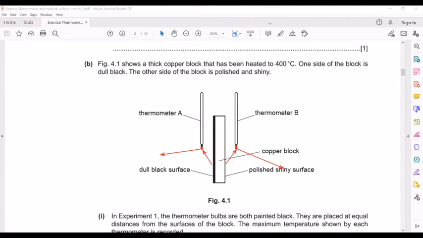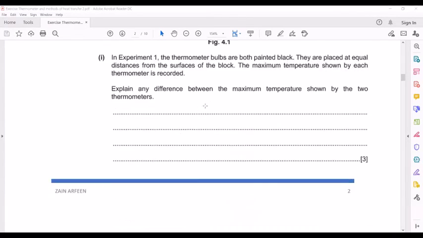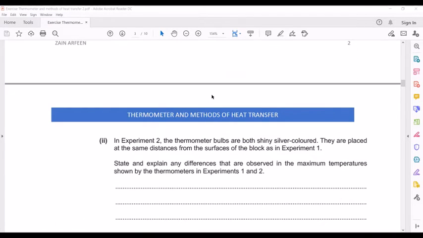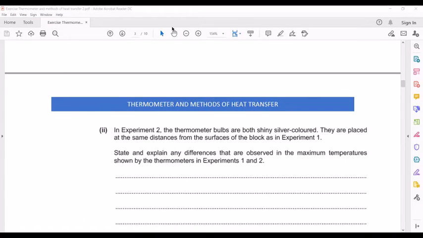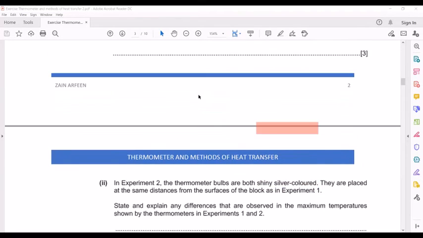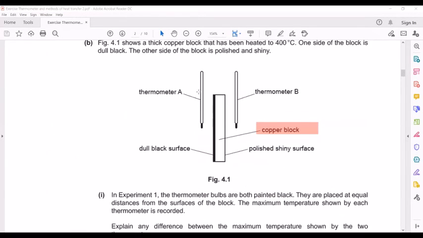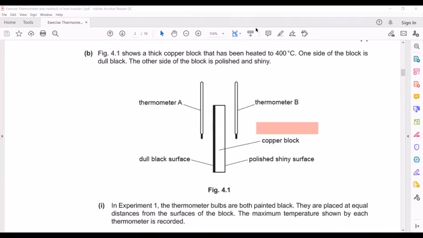The black surface is a good absorber, but in the question they mention that the thermometer bulbs are both shiny. Because a shiny surface is not a good absorber, it will show a smaller rate of change in temperature, or the temperature will not change quickly.